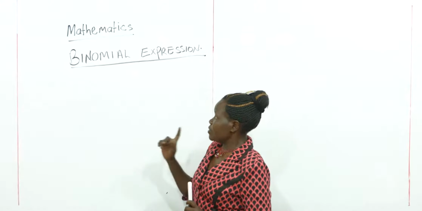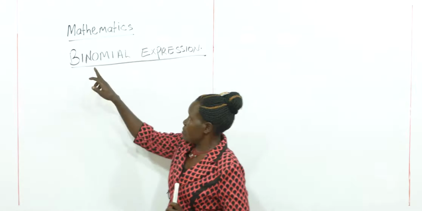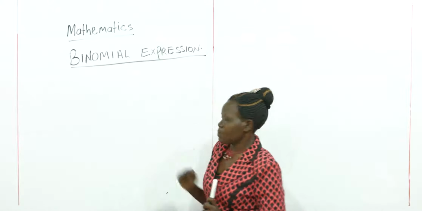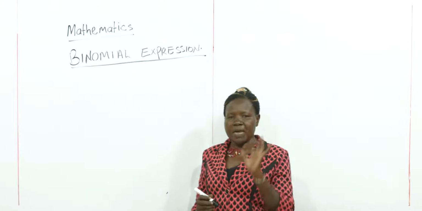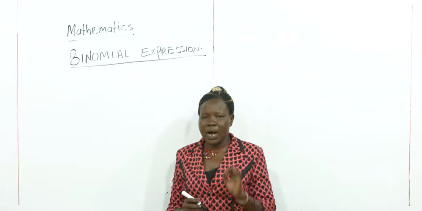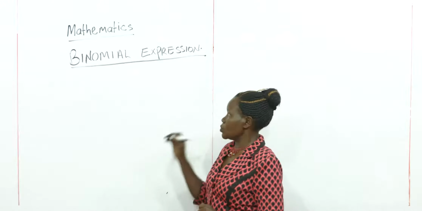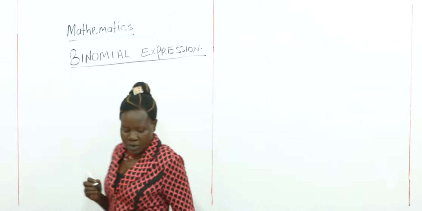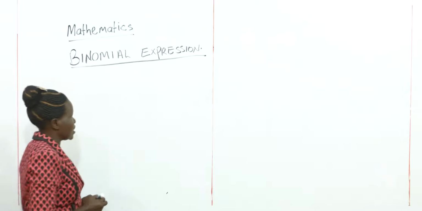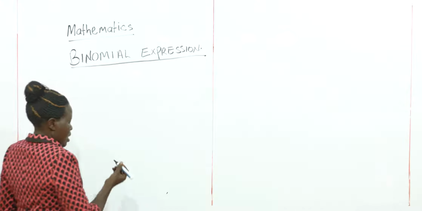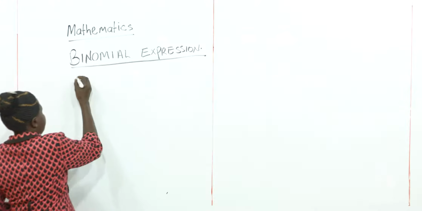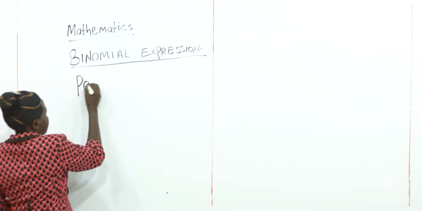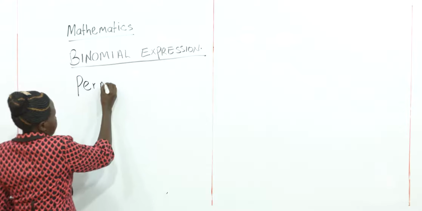But before we go to talk about the binomial expression, there are two main concepts that I need us to understand. And one of the concepts that I need us to look at is what we call permutation.